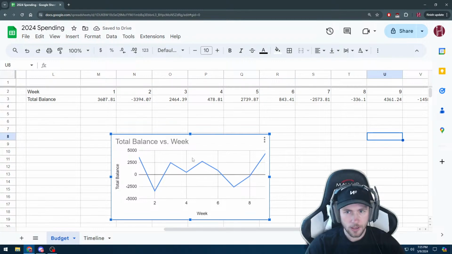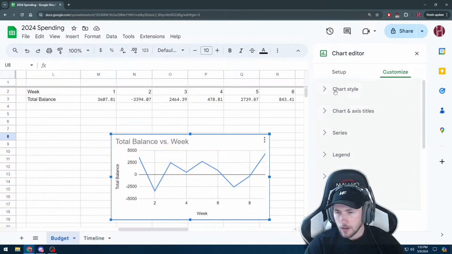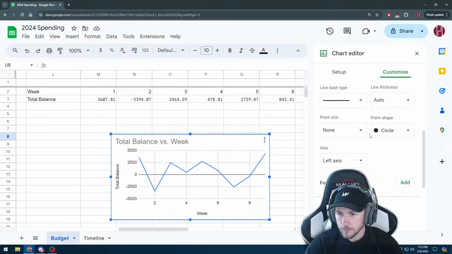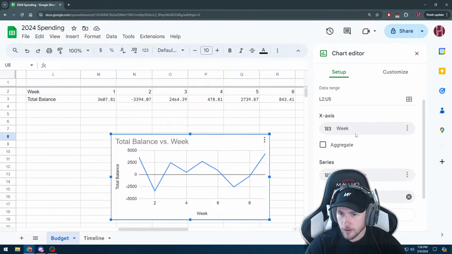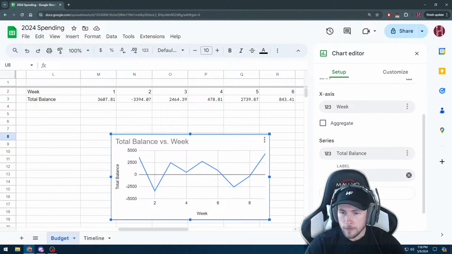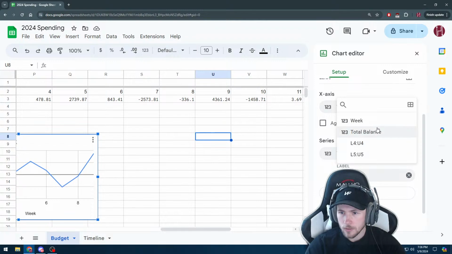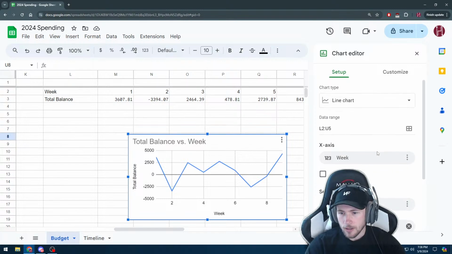How do I? We want the series set of. So let's go label L4 to U4. Is there an easy way to just modify?